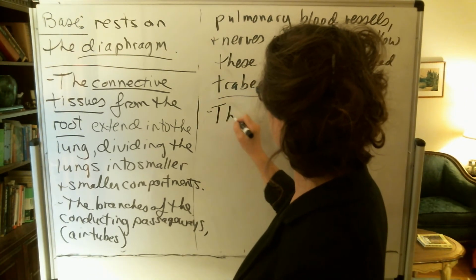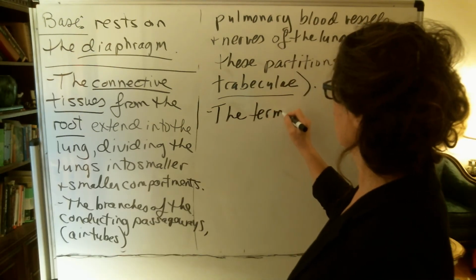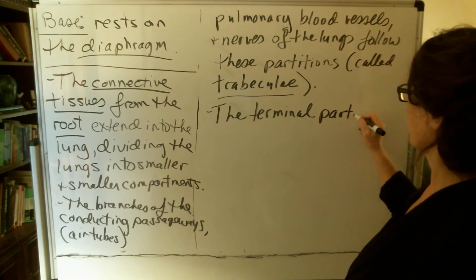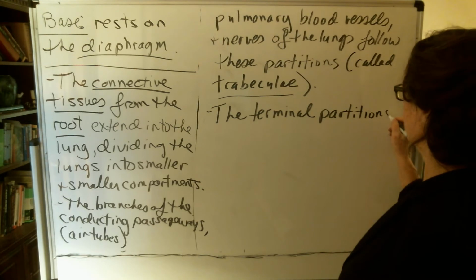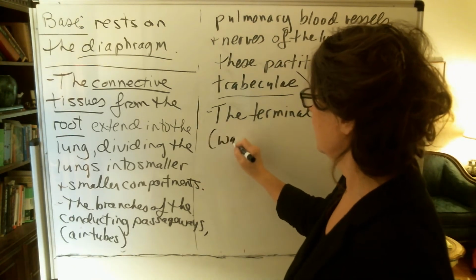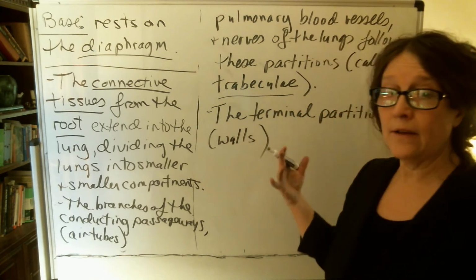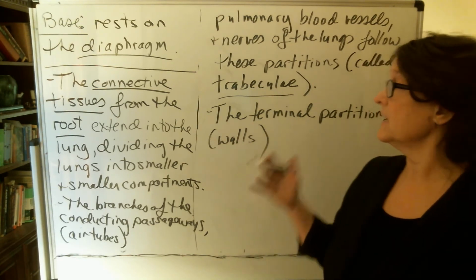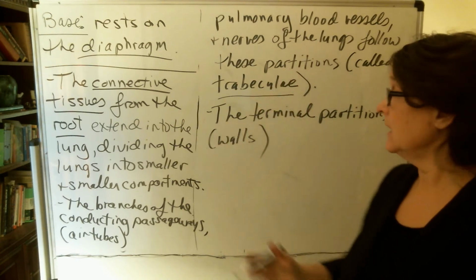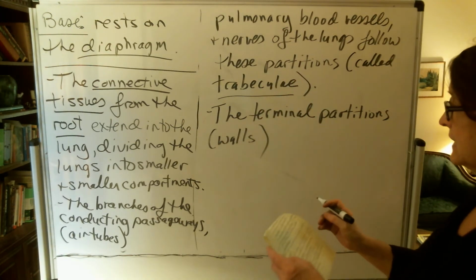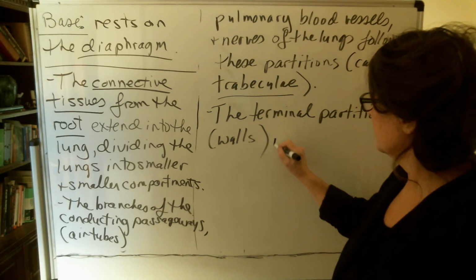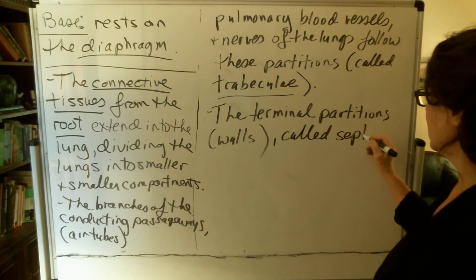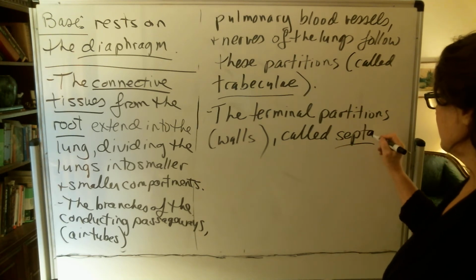And the terminal partitions, that is to say the terminal walls, so you have the lung being divided up basically into little rooms with little walls, and the walls contain all these things. So the terminal partitions then that are now called septa, it's an A, septa.